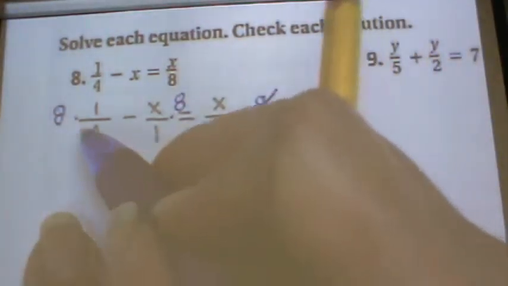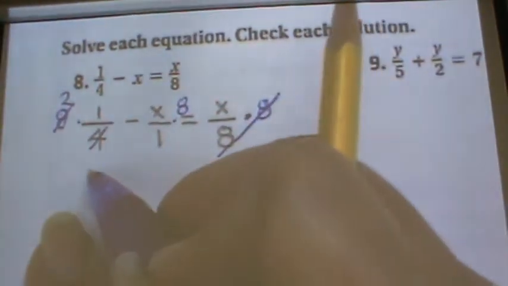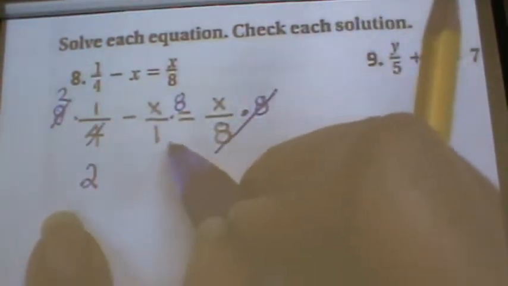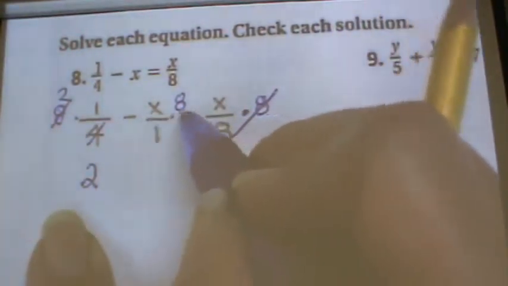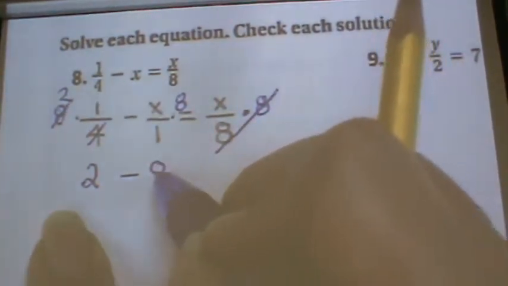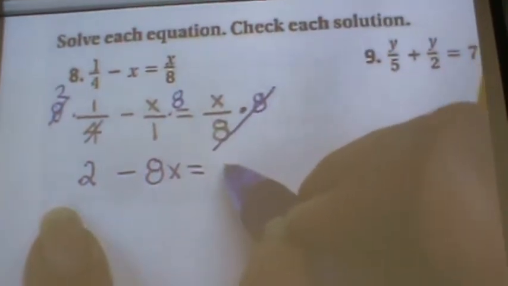And how many times does 4 go into 8? Twice. So what do you have here in your first term? 2 times 1 is 2. Now there's nothing here to cancel, so you're just going to multiply across. What's x times 8? 8x. And what happened to these 8s? They cancel. What's left here?